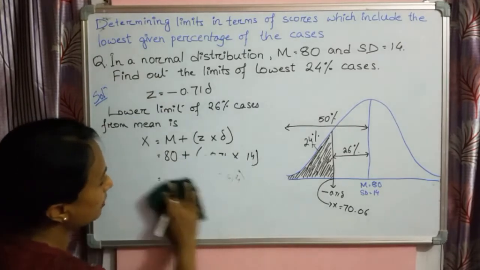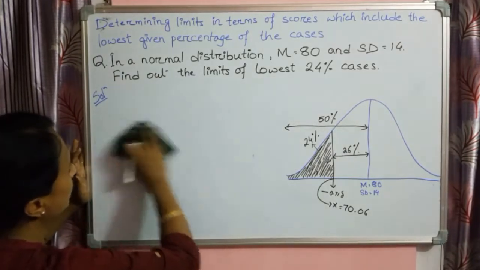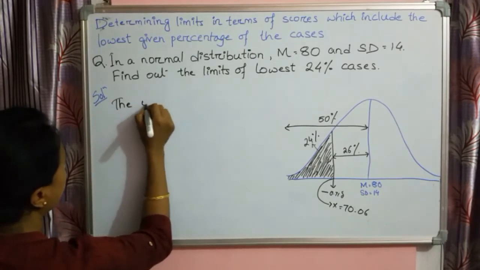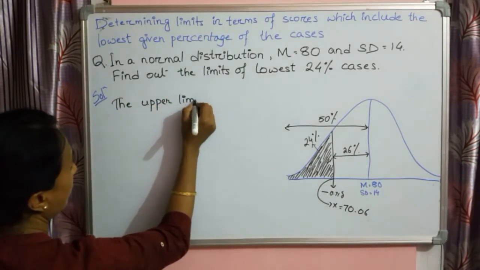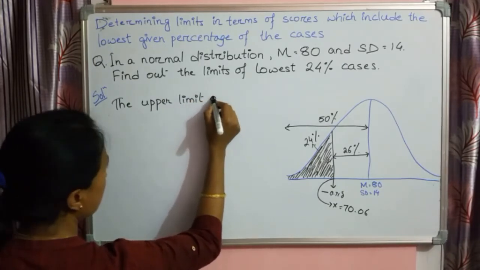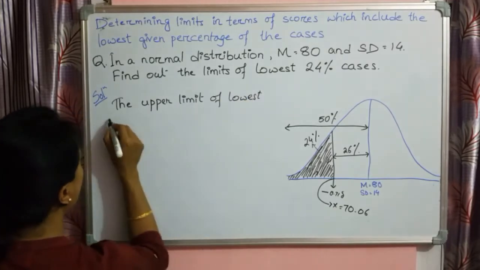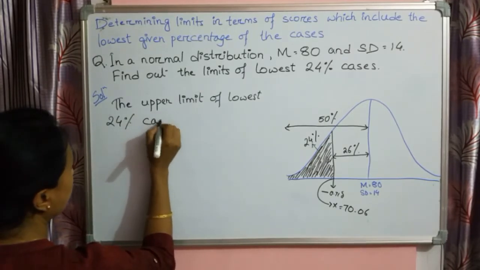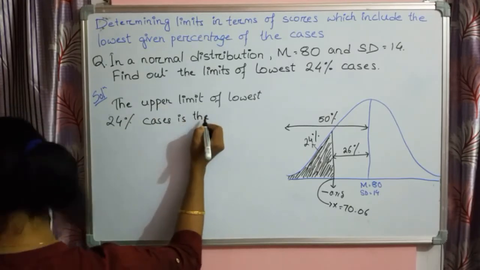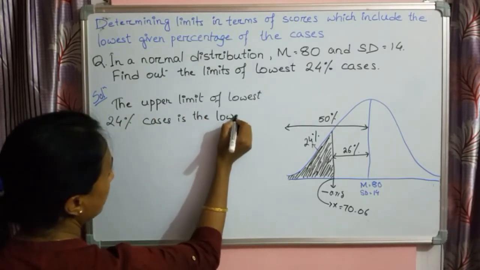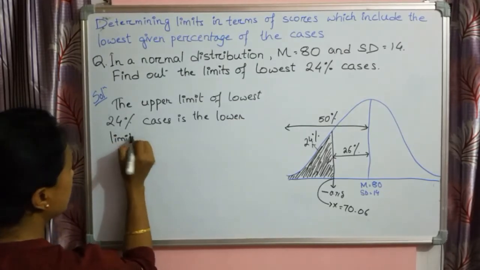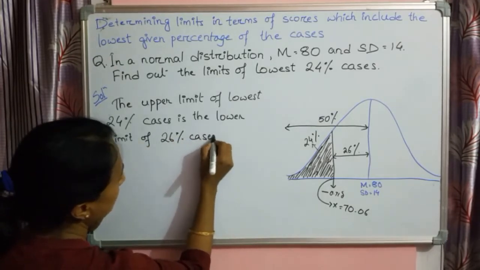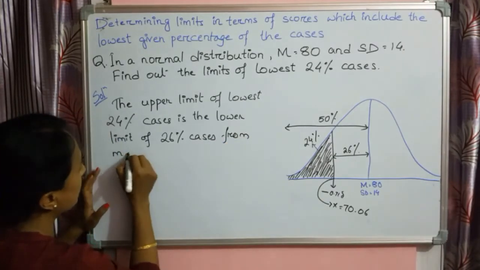Now what we will write: the upper limit of the lowest 24% cases is the lower limit of 26% cases from the mean.